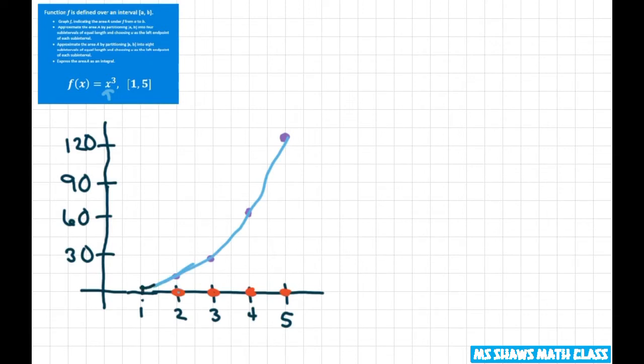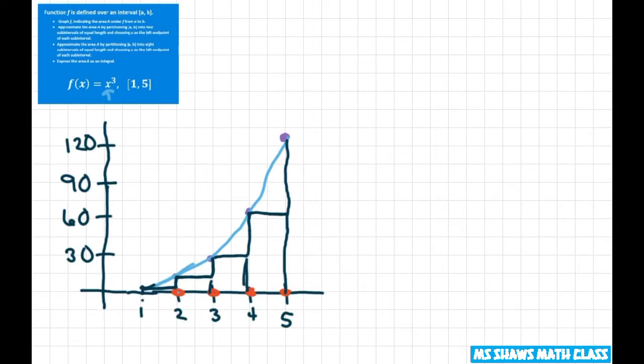So you go up a little, then go to 2, go up to 2, then go to 3, go up to 3, then go to 4, then go to 5, and then we stop right there. Then I'll draw lines here like that. So there are the areas that we're going to be looking at, these 4 rectangles, and we're going to add them all together.